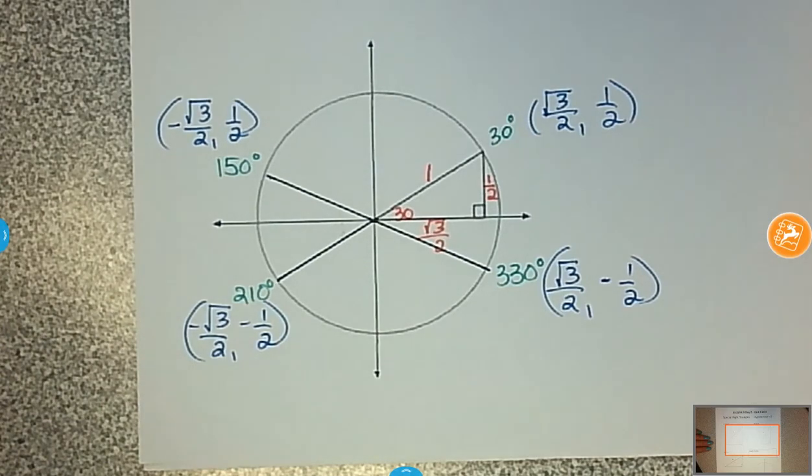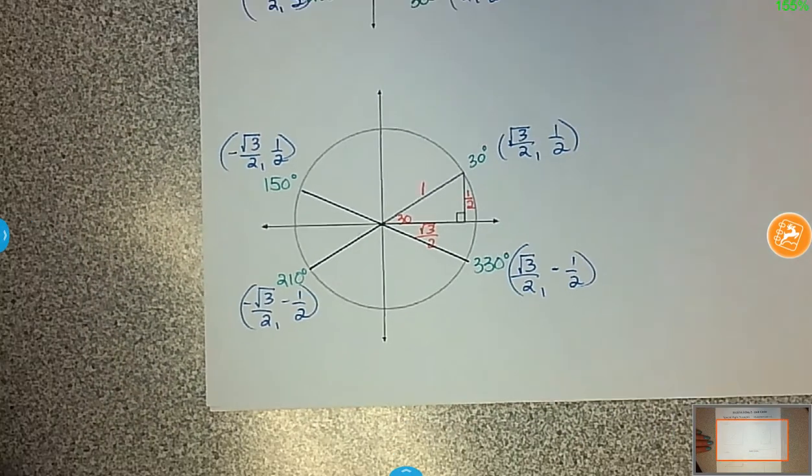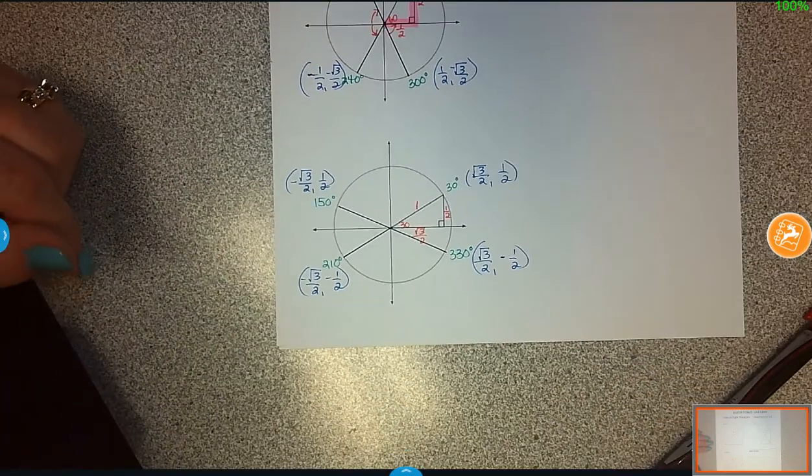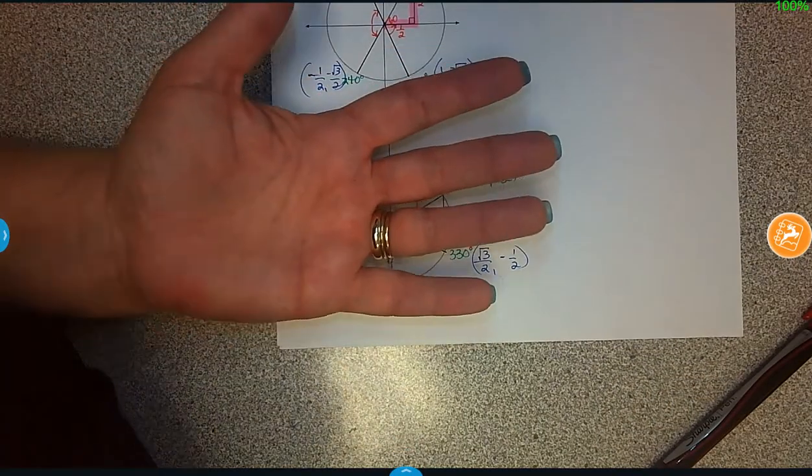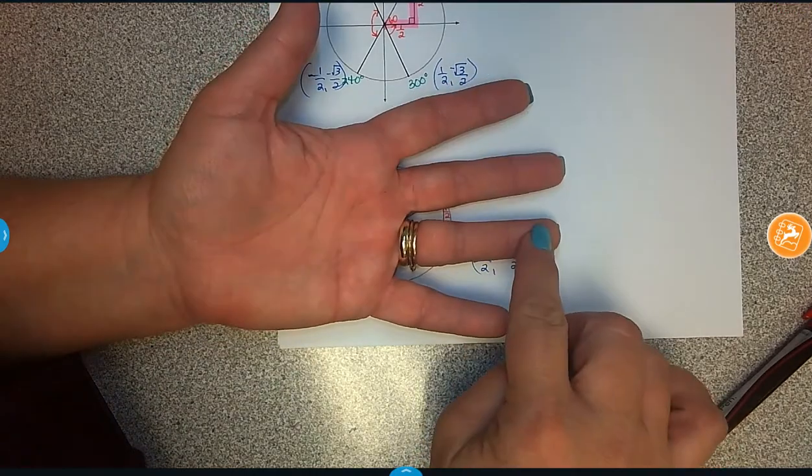Alright, so now I want to go back to something that we talked about in class briefly the other day. It's not in the previous videos, but we talked about it in class. So I want to show you here on your hand. Remember, we talked about you could find values on your hand. So here on my left hand, this is 30 degrees.